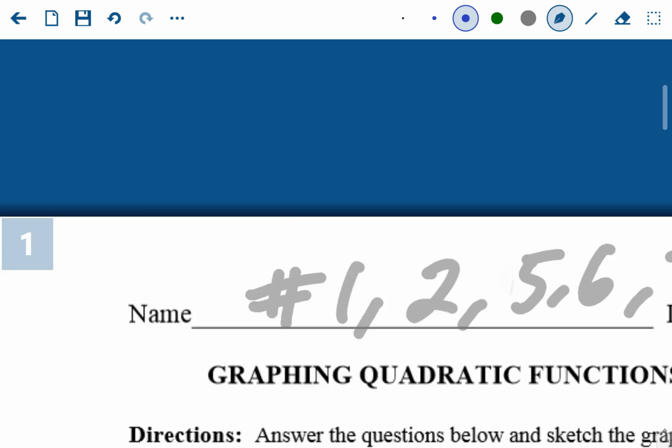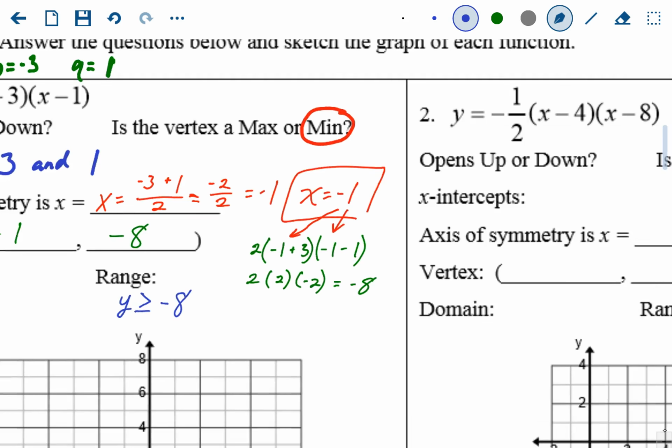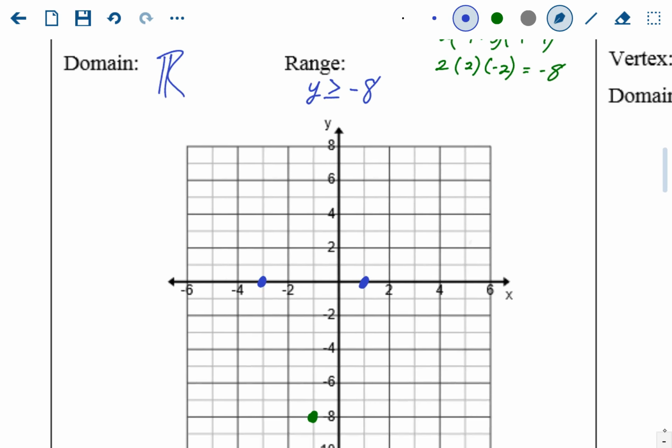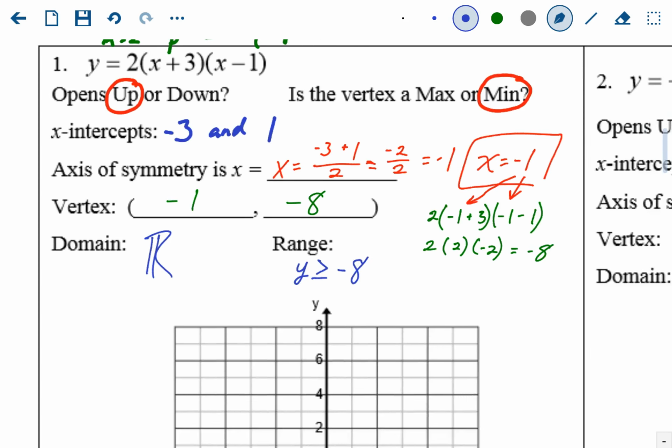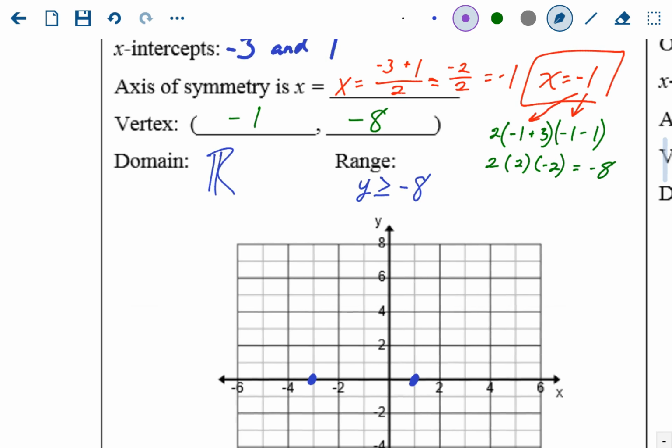And do we know anything else? Doesn't look like it. So usually you want to graph these with 5 points. So I'm going to find another point. We can find them. We just use the y-intercept. Plug in 0 for X. Didn't ask for the y-intercept.